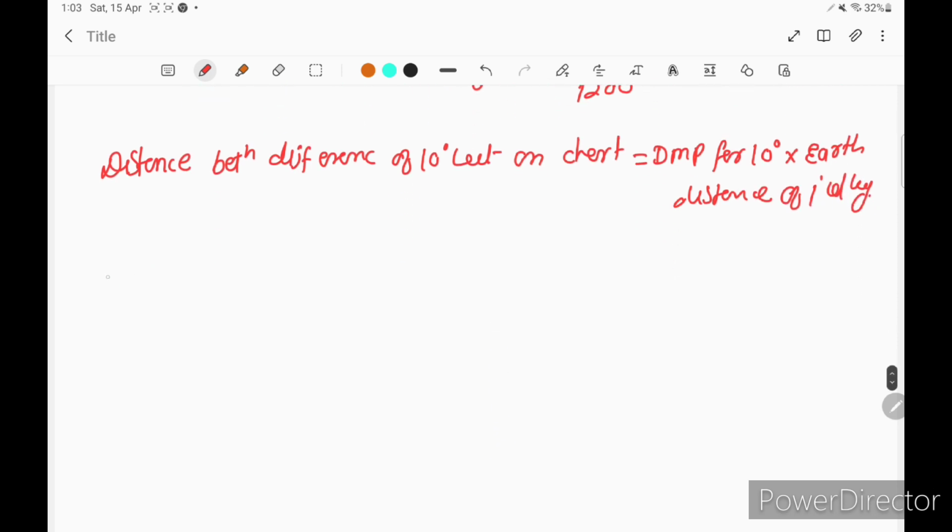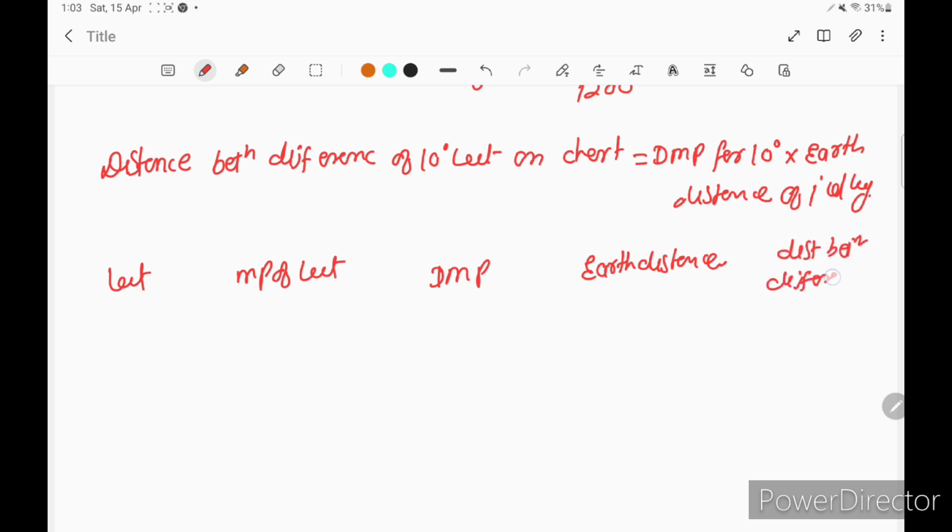Now we make the table: latitude, MP of latitude, DMP, Earth distance, and the distance between the difference of 10 degree latitude.